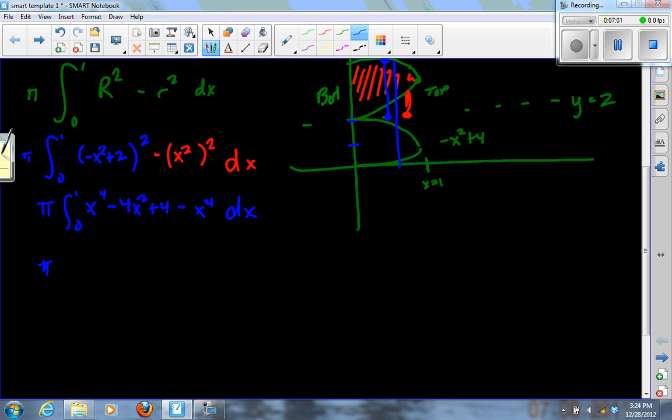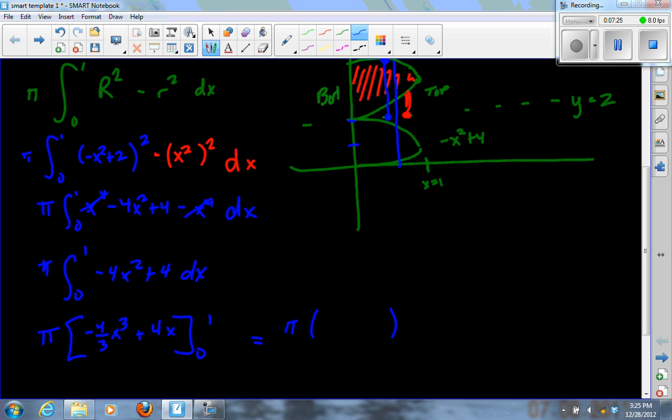So this would be pi, integral from 0 to 1. These x to the 4ths are going to knock each other out. And so integrate this just like normal. This would be negative 4/3 x cubed plus 4x from 0 to 1, which is pi times negative 4/3 plus 4, minus pi times 0.